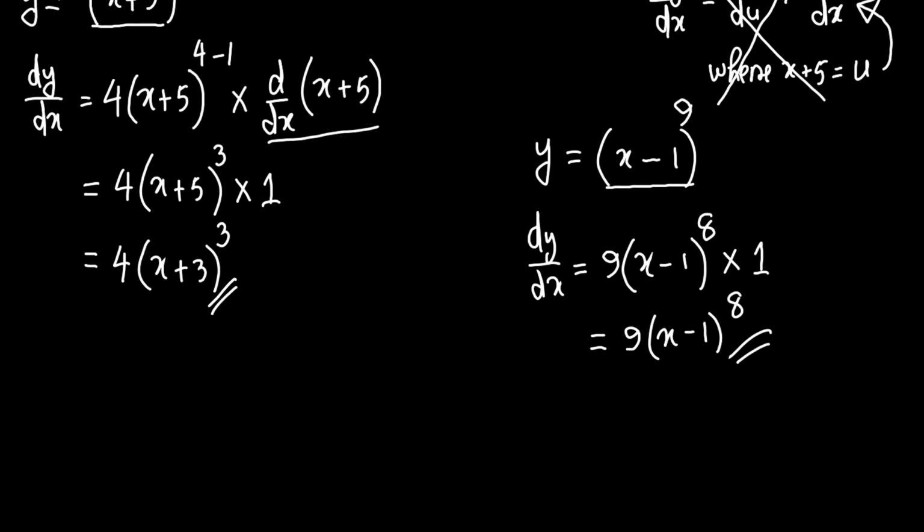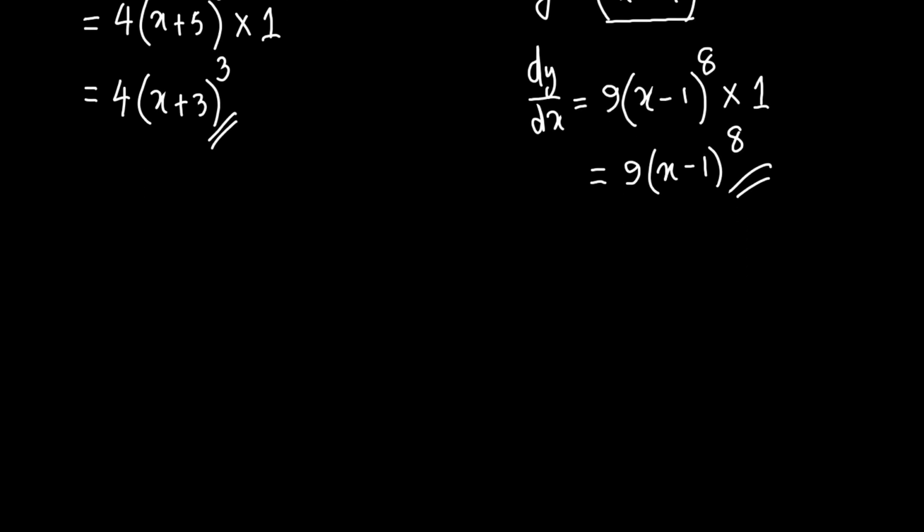Let's see some other example, where something different is written inside the bracket. Say y = (2x - 1)^4. So how to differentiate this? Same procedure, dy/dx.